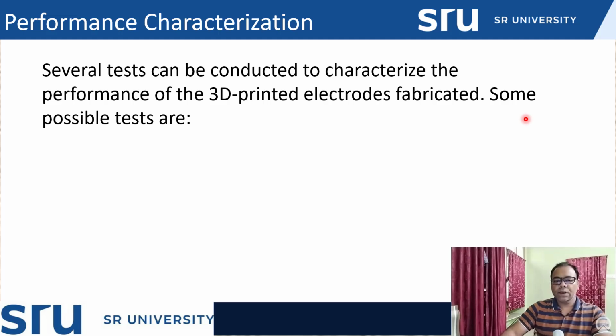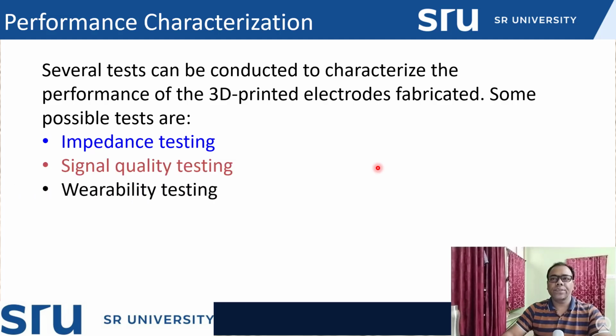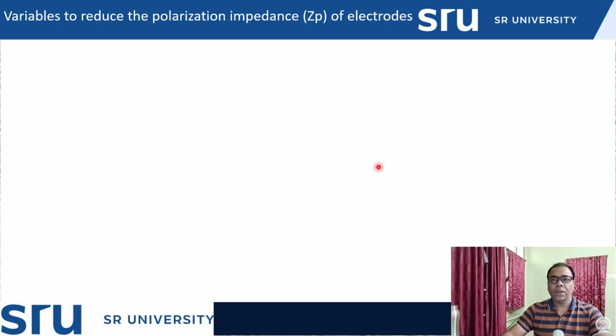There are several tests that have to be conducted to characterize the performance of the 3D printed electrode. Some of the tests include impedance testing, signal quality testing, and variability testing. Similarly, you check whether long term stability of the electrode is there or not.